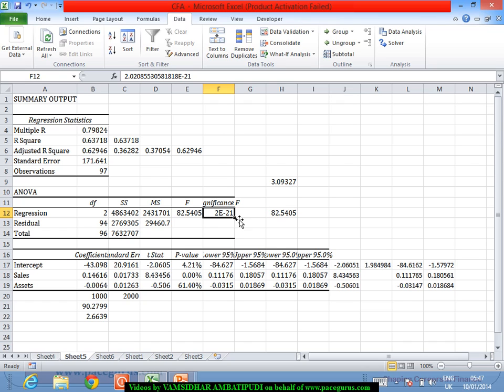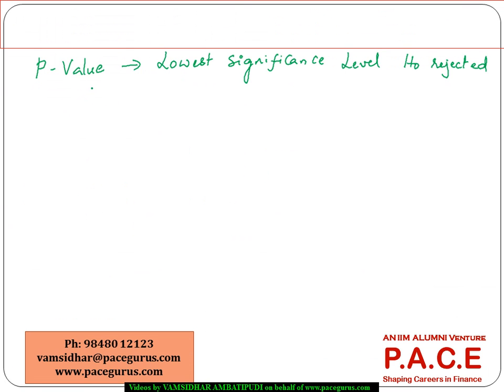And what is the null hypothesis in this case? There is no difference between the regression and residual. The variation explained by regression is the same as the variation explained by residual. The alternate says no, there is a difference in the variation explained by regression versus residual.